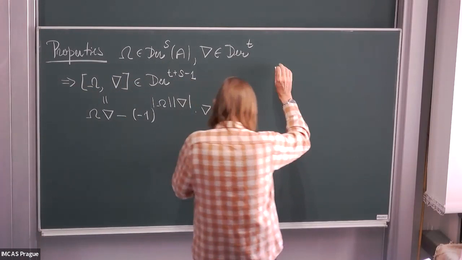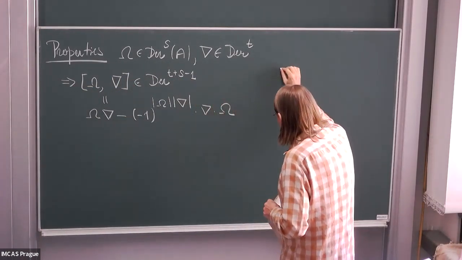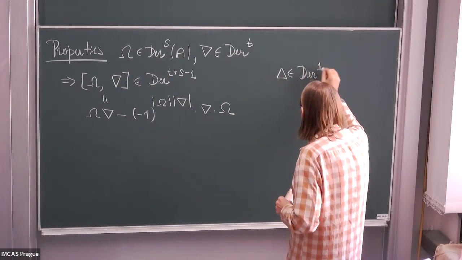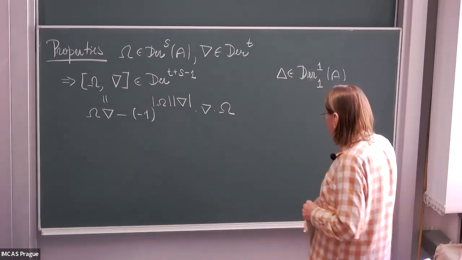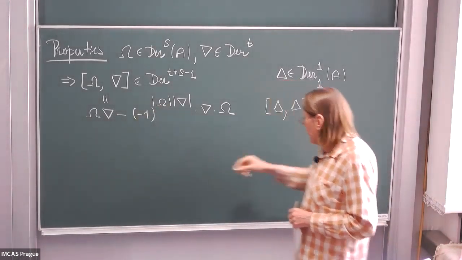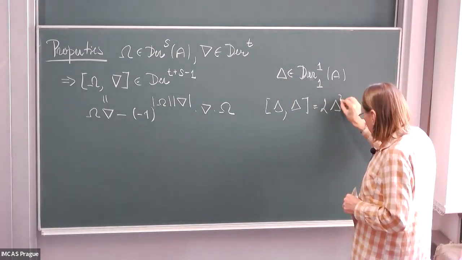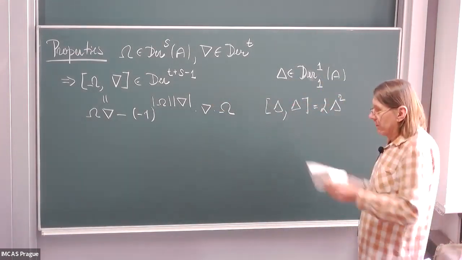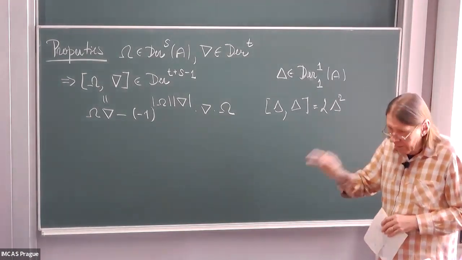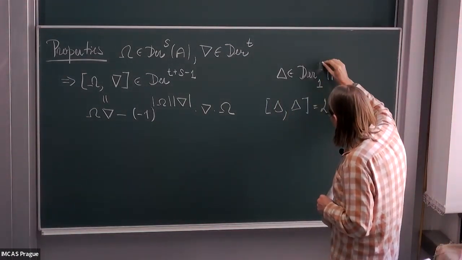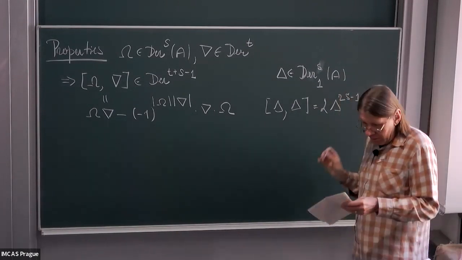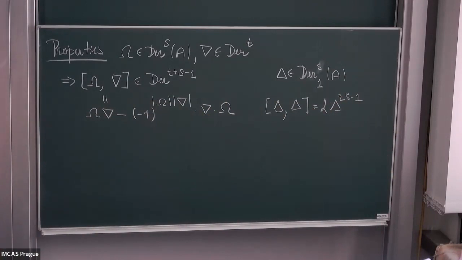So notice in particular that if delta is a usual derivation of order 1 of A of degree 1, then the commutator of delta with delta, you will get plus here because degree is 2, delta squared. And by this observation, delta squared is again a derivation. This is very, very important. I can slightly generalize it, put in S here, and then I'll have something like 2S minus 1. You will see in a minute why I wanted to emphasize this.